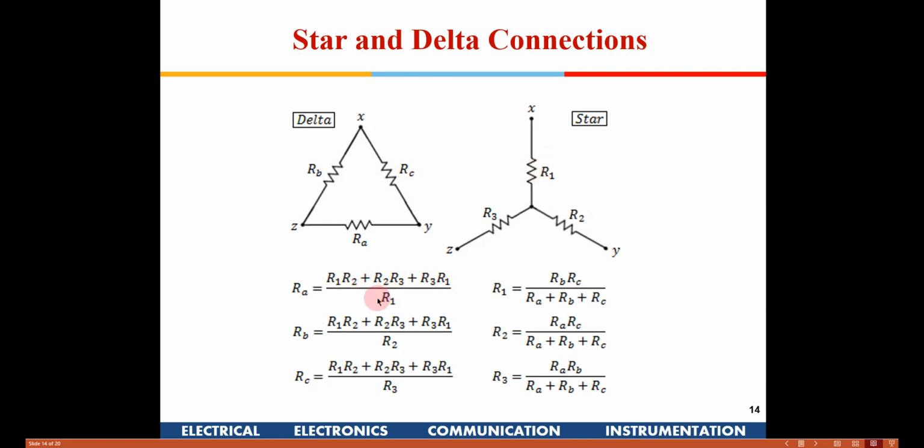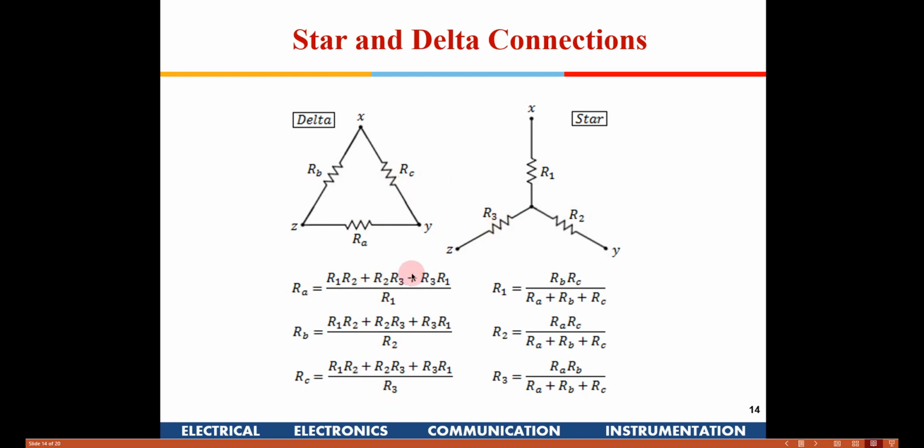This R1 comes in the denominator because we are talking about the element which is going to get connected between Z and Y here. Similarly, for RB, R2, the opposite arm, comes in the denominator. For RC, R3 comes in the denominator.